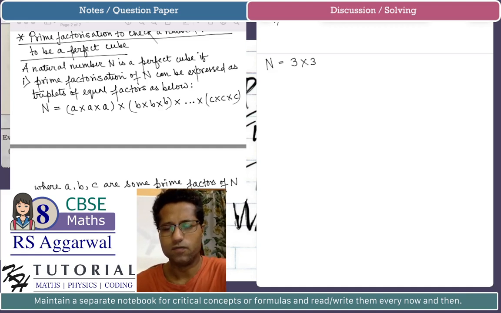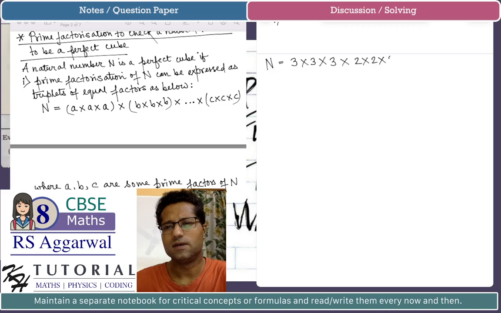I don't know what the actual number will be, because I would have to multiply all the prime factors, and I'm not going to do that. So let's say the prime factorization of n comes out to be 3 into 3 into 3, 2 into 2 into 2, and 7. If this is the case, we have to group all the similar prime factors.